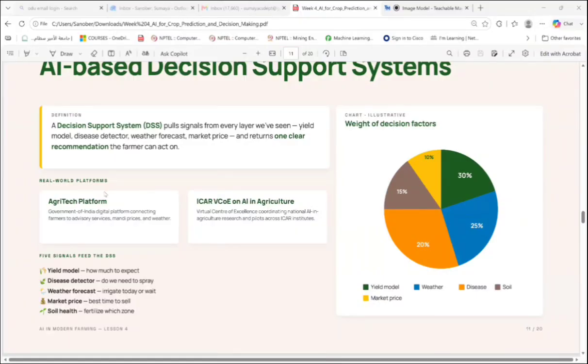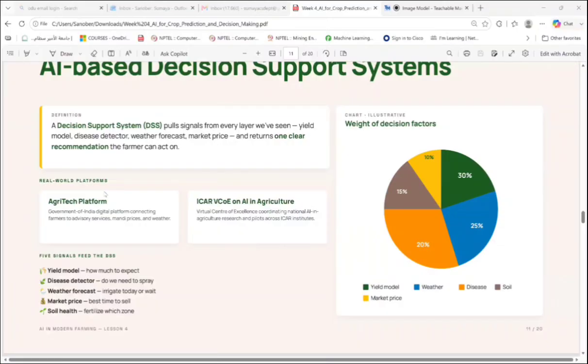However, the weather model predicts that it is going to rain heavily tomorrow. The crop model indicates that the plants are not under severe stress. The water cost information shows that irrigation is expensive today. Now, the decision support system brings all these signals together and may recommend waiting for the expected rainfall.